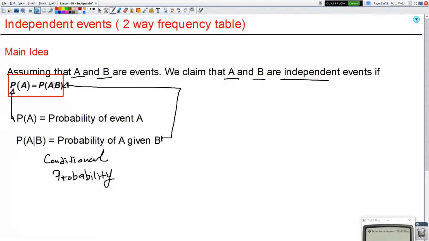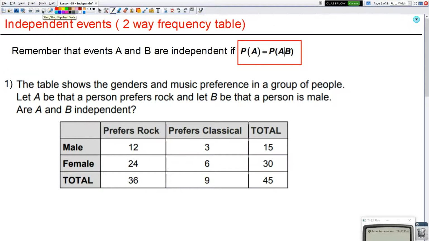So let's see. And again, remember that if we want to show that A and B are independent, all we got to show is that the probability of A is equal to the probability of A given B. Now, how can we find the probability for each one of them? Well, let's look at this example here. It says the table shows the genders and music preference in a group of people.